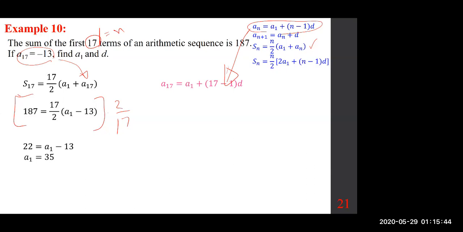And we already have a sub 1, right? We found it. And so you can find the d, the common difference. I hope it makes sense. I hope everybody's okay with that.